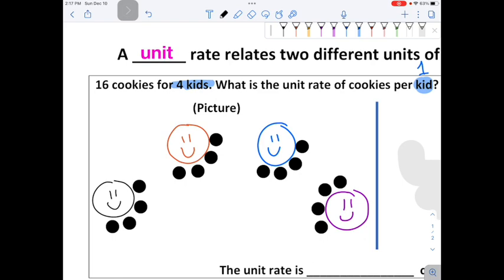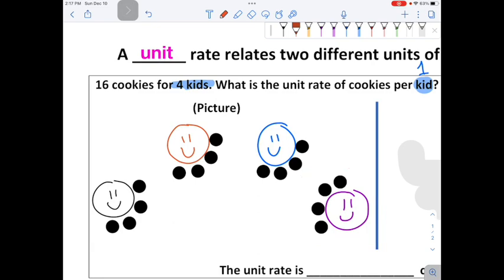There we go. The unit rate of cookies per one kid, well, this one kid right here has 4 cookies. And this one kid right there has 4 cookies. And this one, and this one, each has 4 cookies. That's what makes this a unit rate.